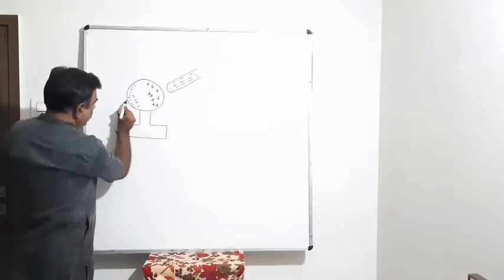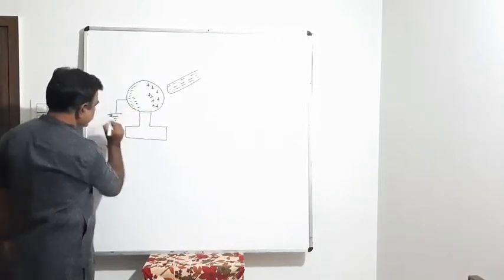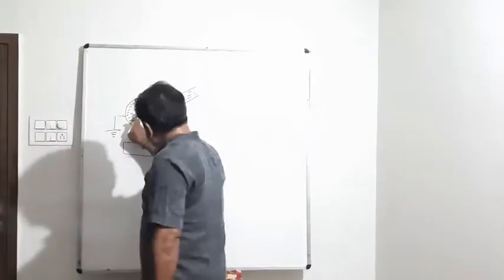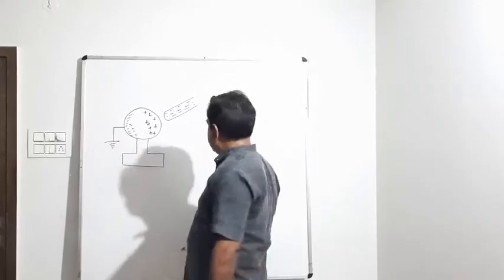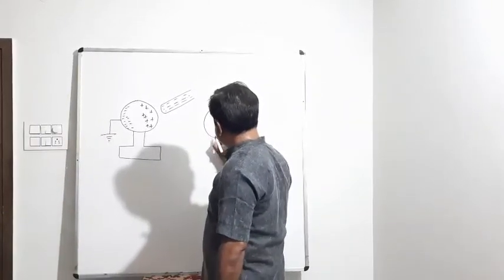Now, if I apply earthing to this, then what happens? The electrons on this side will start to flow out, and after some time we'll have this situation.